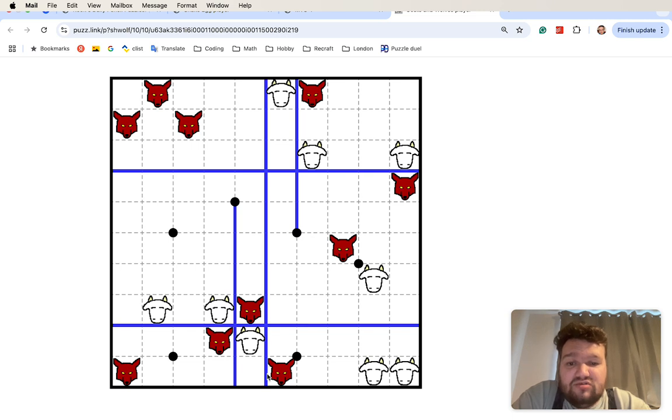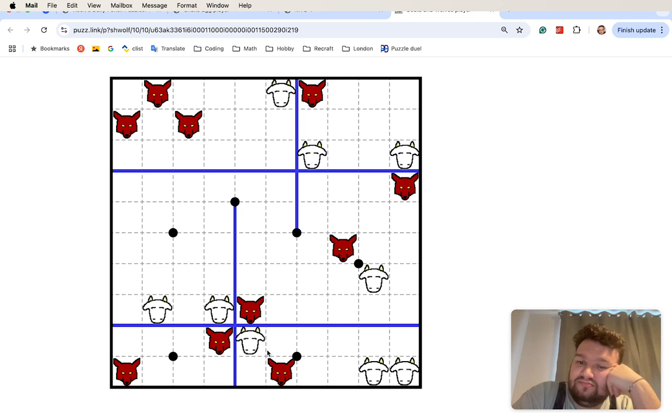And both options look fine right now. I will also have to use this dot because I need to separate those two.